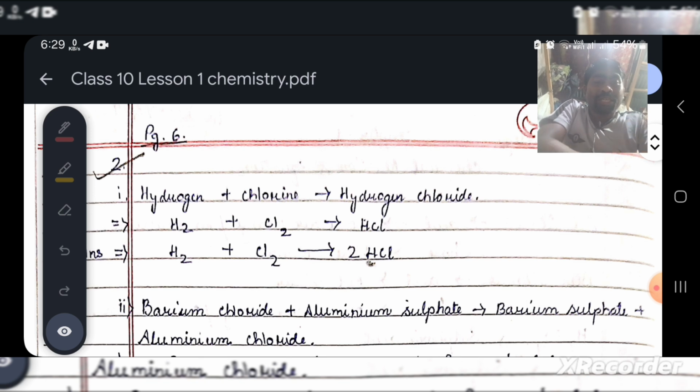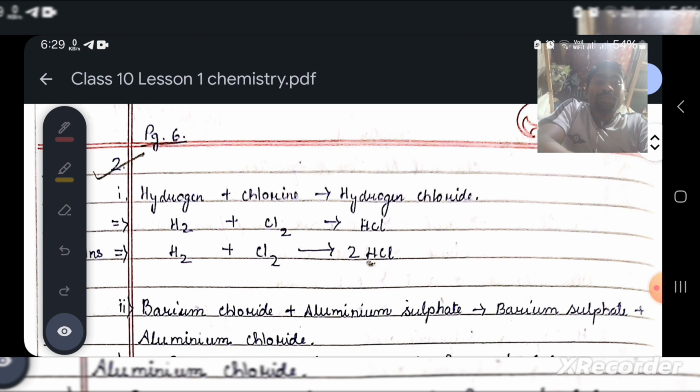After the arrow there is hydrogen chloride. So firstly we have to write this according to the formula, according to the symbols, that is H2 plus Cl2, where H2 is hydrogen and Cl2 is chlorine, will give HCl, which means hydrochloric acid. Hydrogen chloride is hydrochloric acid.